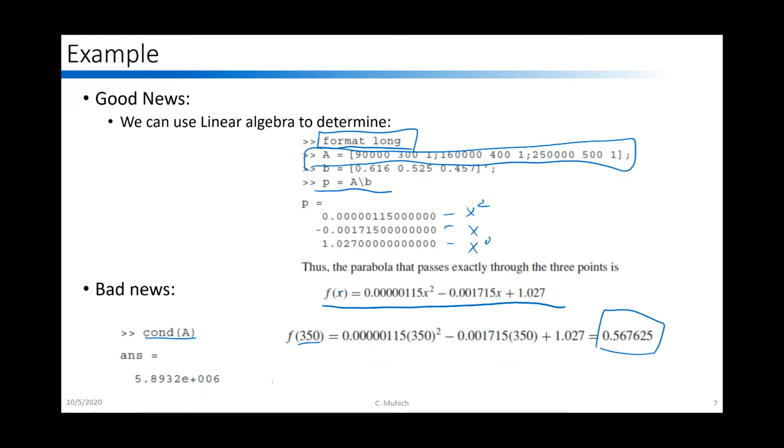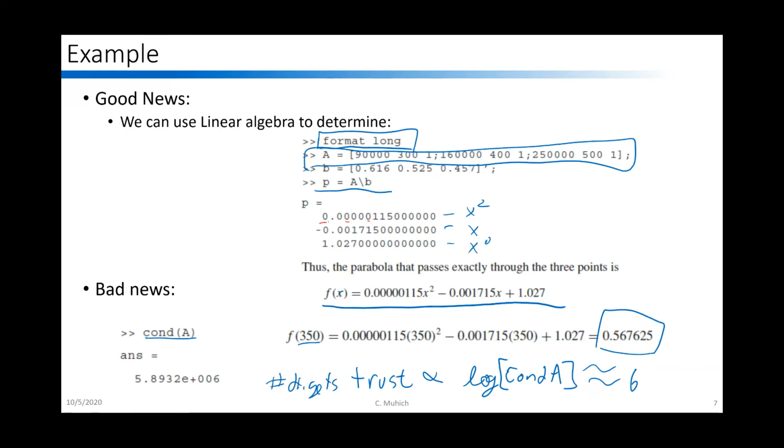Also remember that the number of digits that we trust is proportional to the log of the condition number of A. In this case, this is going to be approximately 6. This means we only trust the first 6 digits. Well, let's go in and look at this. I have 1, 2, 3, 4, 5, 6 digits here. Oops, sorry.